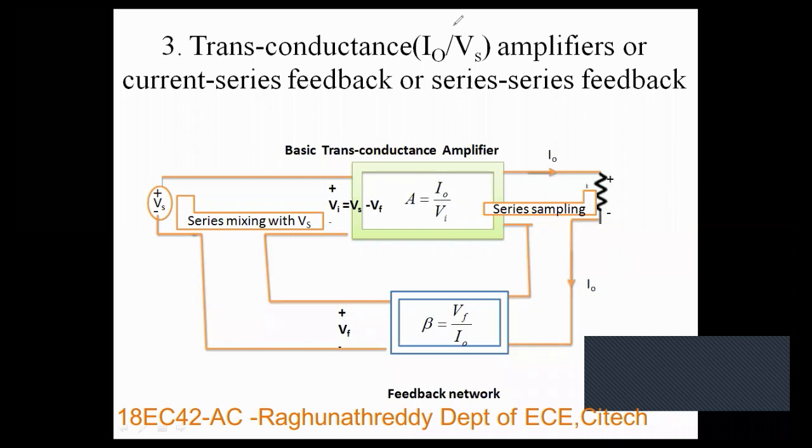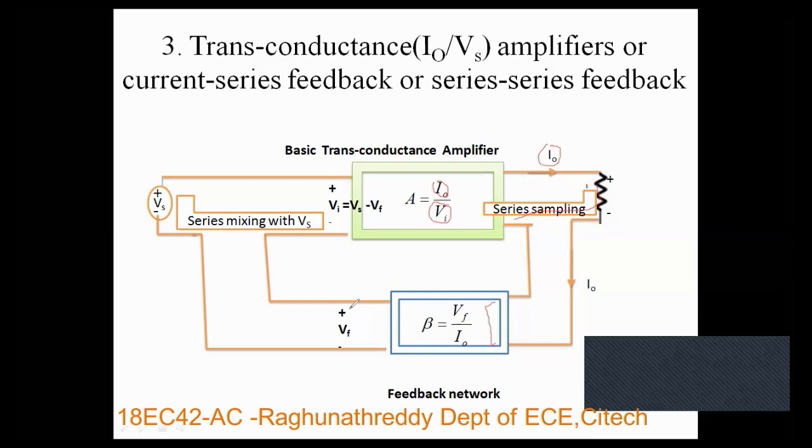In the basic transconductance amplifier, the output quantity is current, so the type of connection required at the output side is series with the load. This current I naught is taken into the input of the feedback, we will get a short circuit here, so maximum current will reach here.